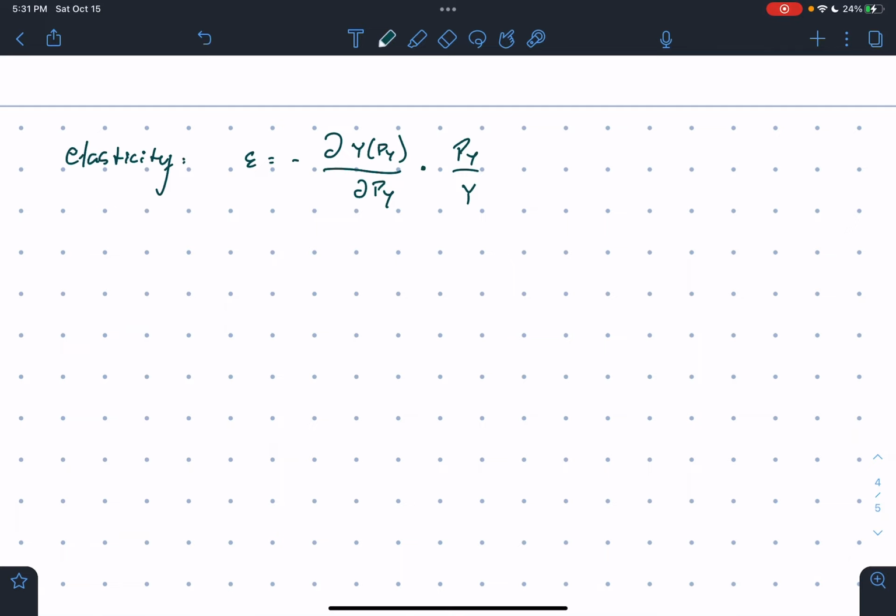So here, recall that y of py is 15 over 2 plus 3/4 py.